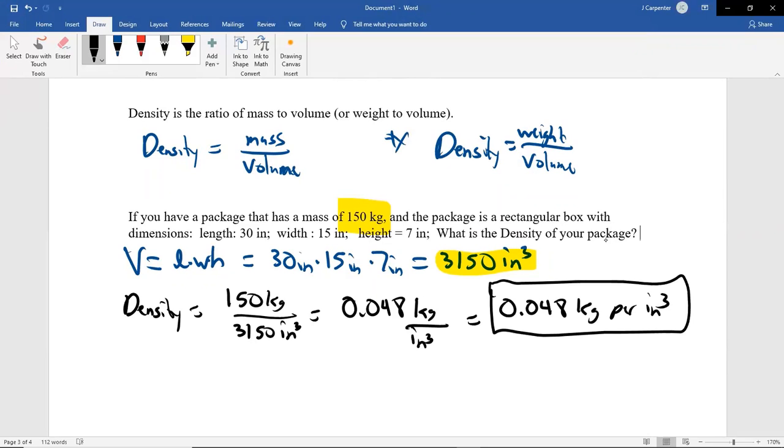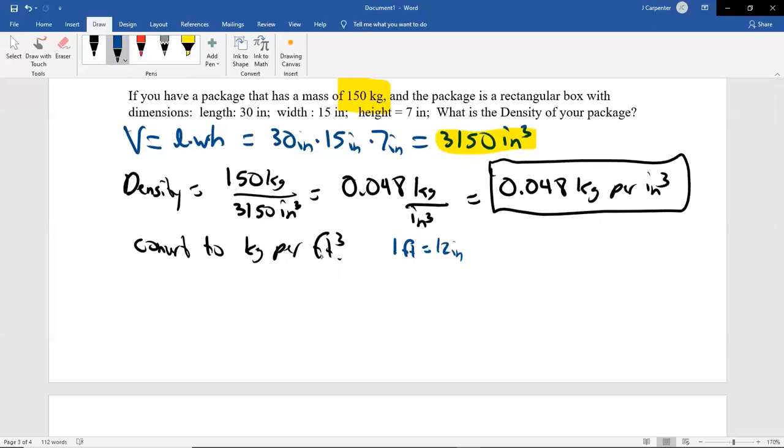But you can also just take your answer, this density, and convert it to kilograms per cubic foot. So you have to remember that 1 foot is 12 inches. That's the conversion factor that I'm going to multiply by, but doing it once won't be enough.